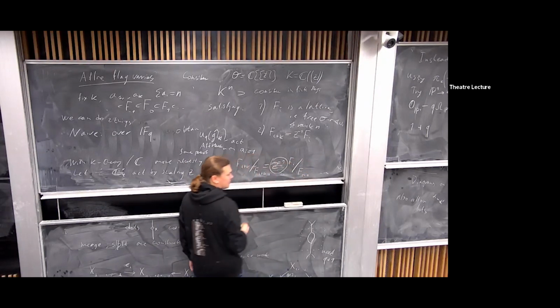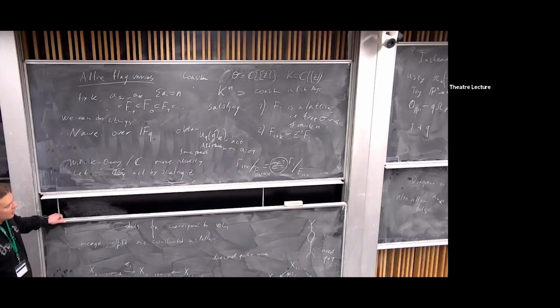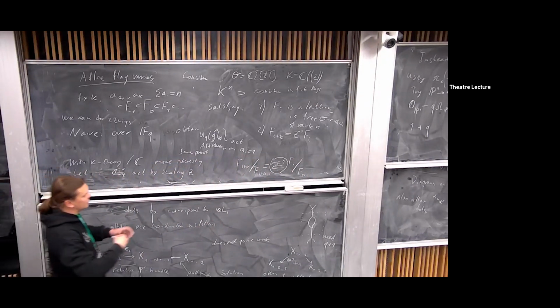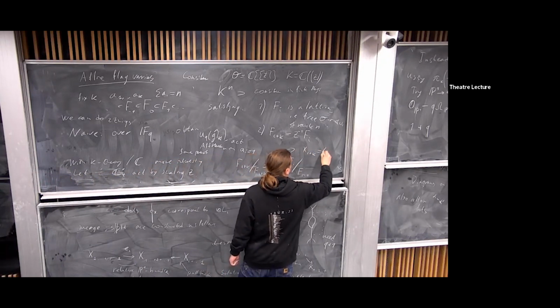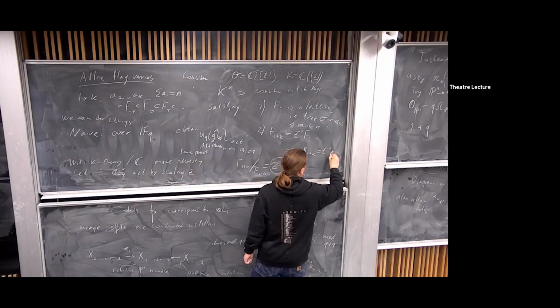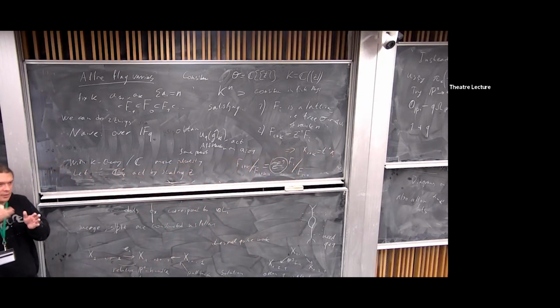There is this Z here, and so this forces that x(i+k) equals x_i inverse, if you think about the line bundle corresponding to the jump.